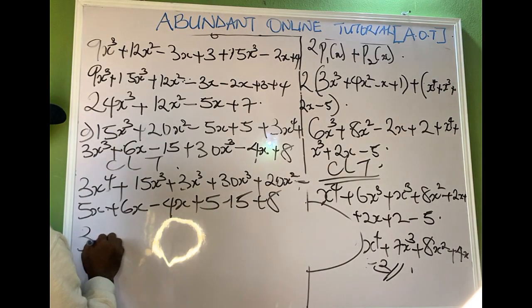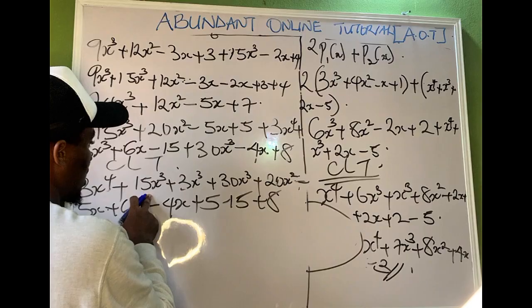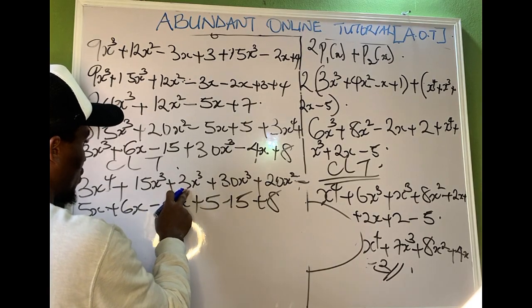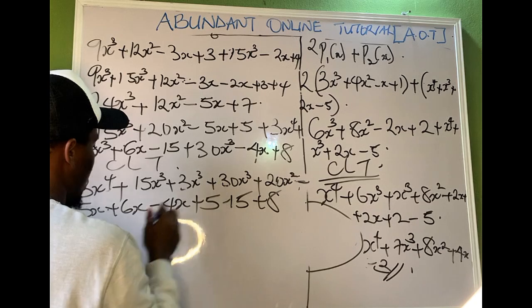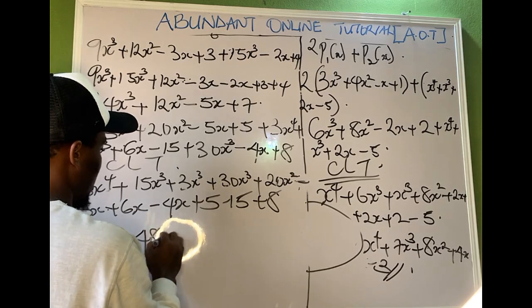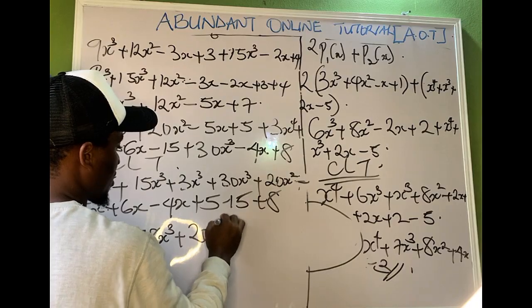We have our 3x to the power 4, plus 15 plus 3 gives us 18, right? 18 plus 30 gives us 48x cubed. So that will now be plus 20x squared.